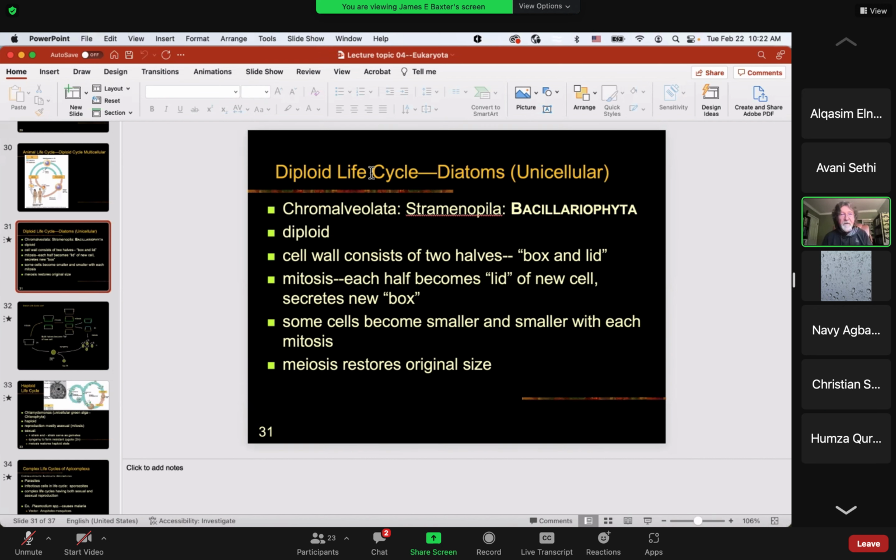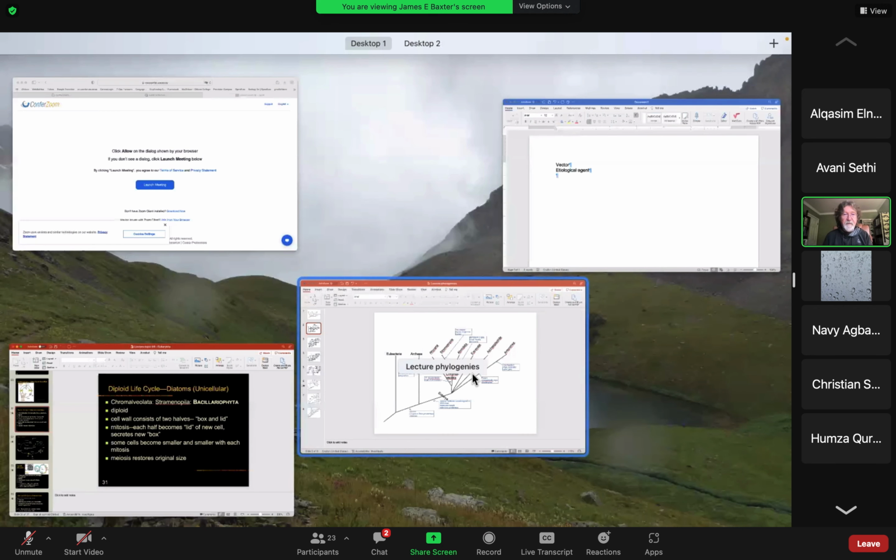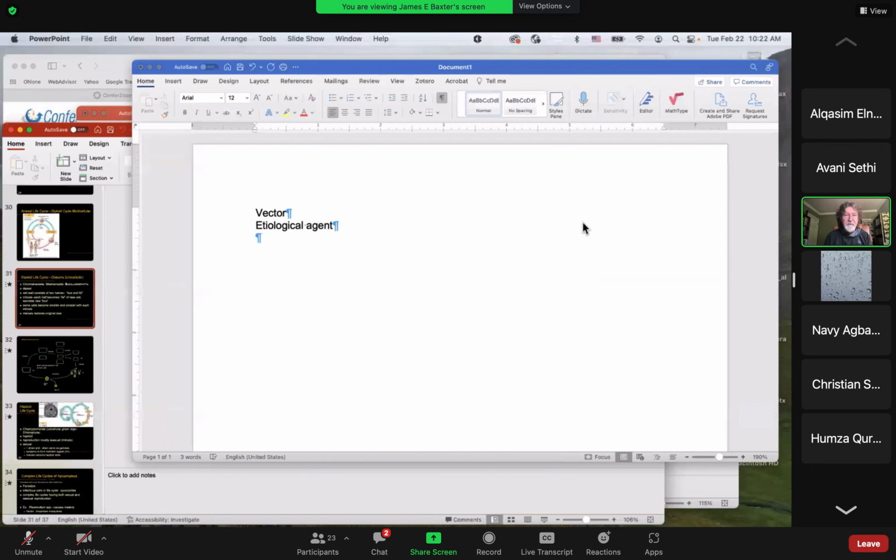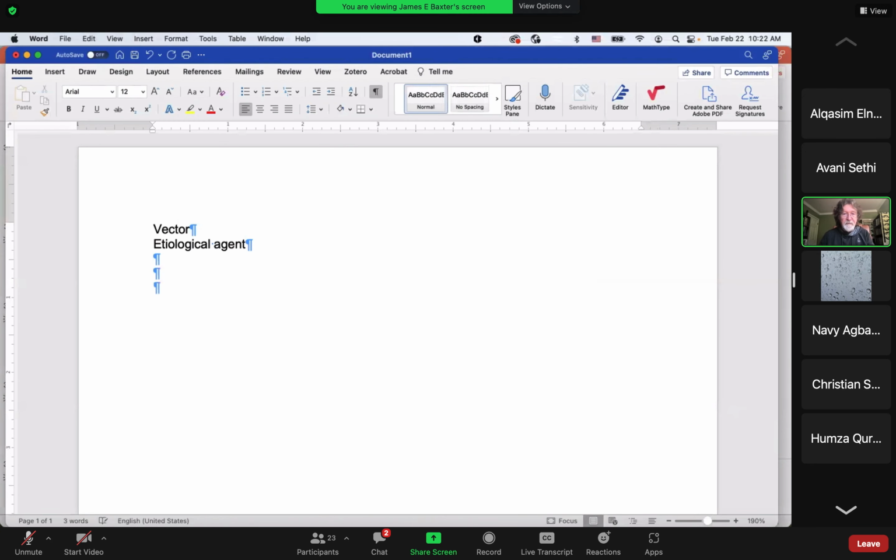In fact, here is the whole lineage: Eukaryote, SAR, Chromalveolata, and so forth.